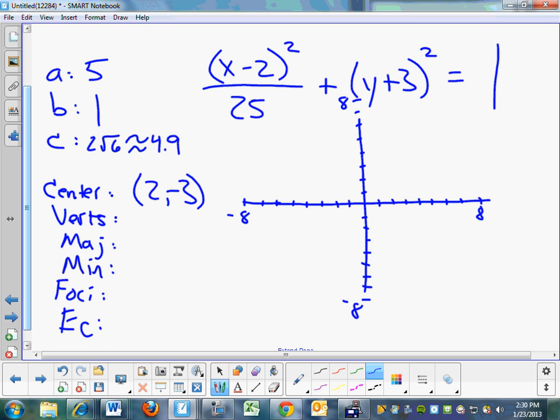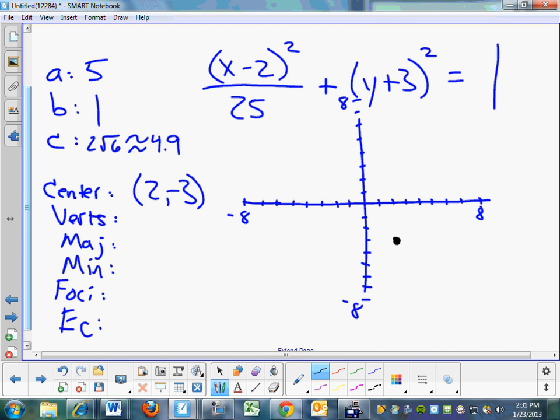So the center is 2, -3. Over 2, down 3. If I'm going to draw this, what should I do now? The A. So I use 5, and I go 5 units. Which direction?